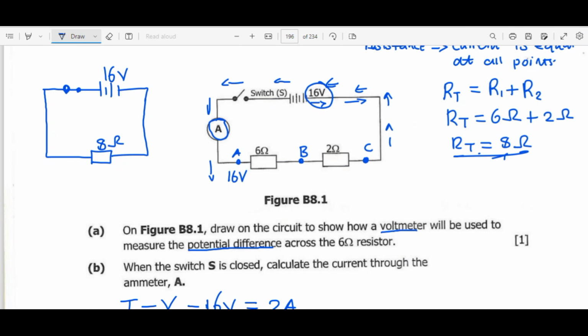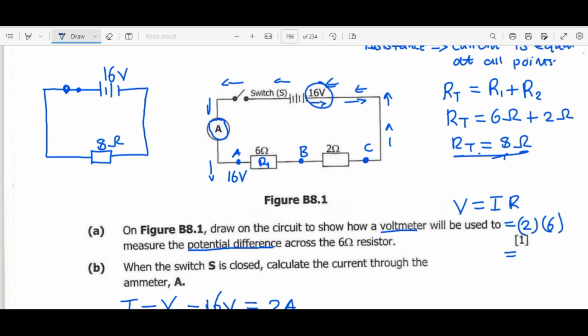Remember, the formula for voltage is equal to current multiplied by resistance. So we have the current, 2 amps, times the resistor. You use the resistor representing the point the question is asking about, which in our case is 6.